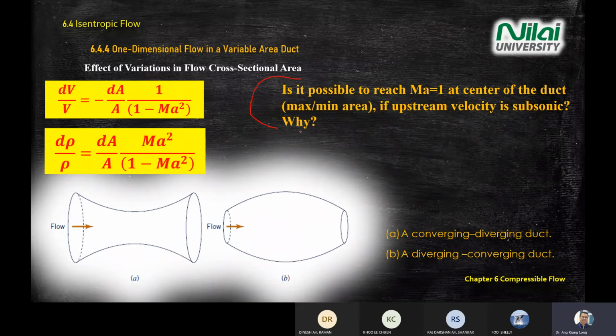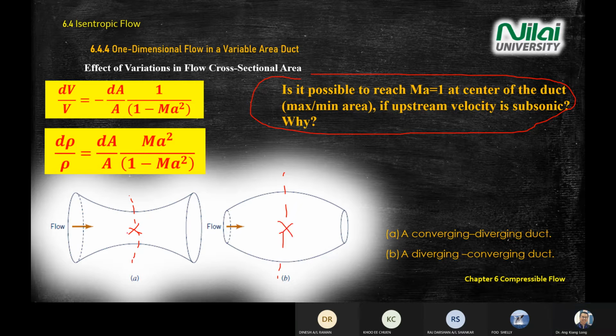Just a quick question. Is it possible to reach Mach number 1 at the center of the duct? Here, at this location, is it possible to reach Mach number 1?